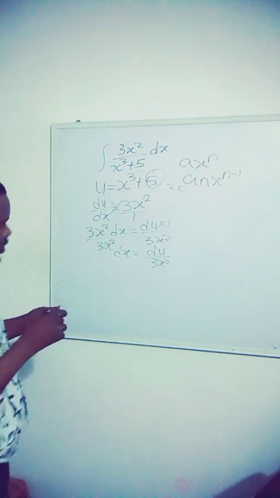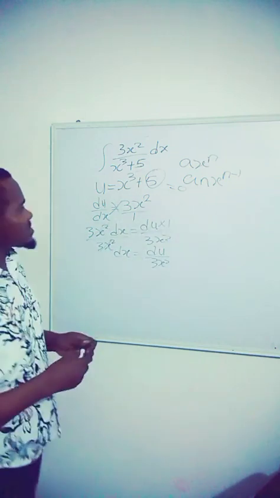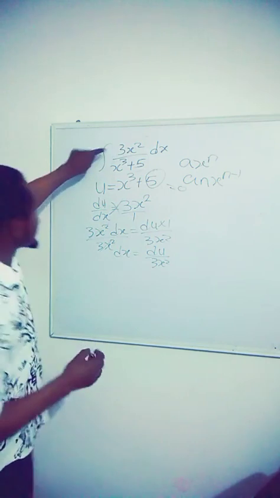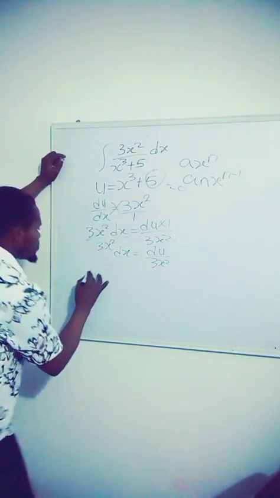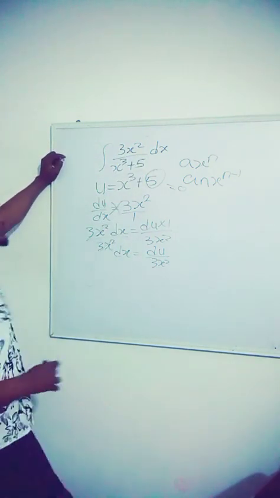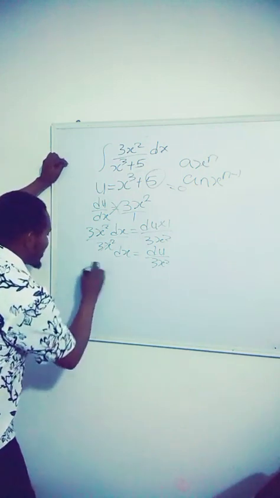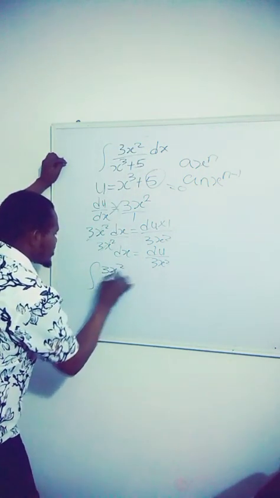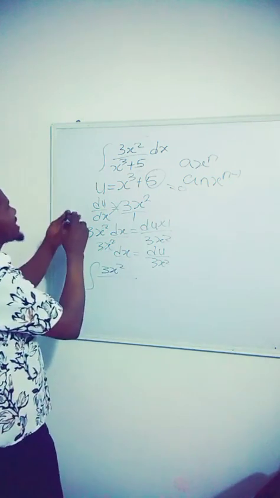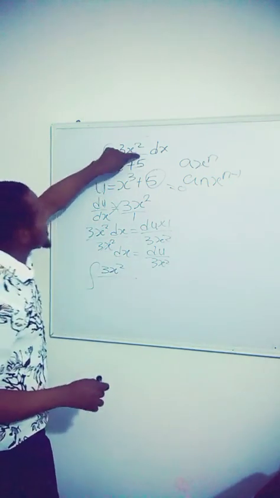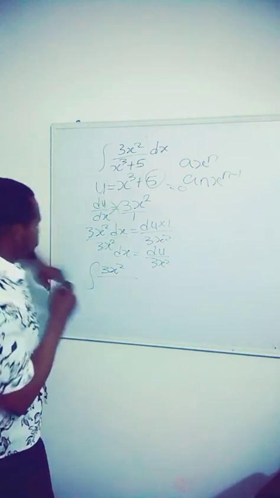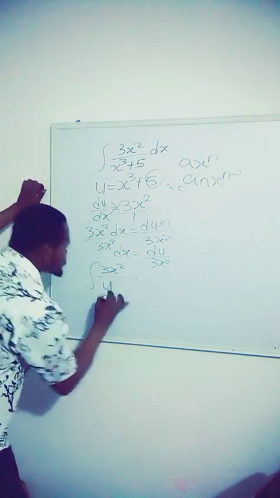Now that you are done with your replacements, with your substitution, you need to come back here and substitute whatever you have said. Let this equal to this. So the integral of 3x squared over, we've replaced x cubed plus 5 as u. So instead of writing this, you replace it with u.